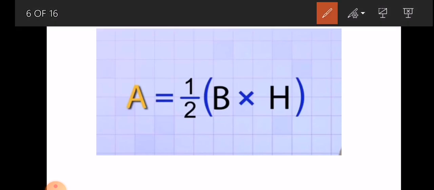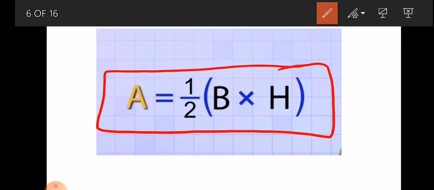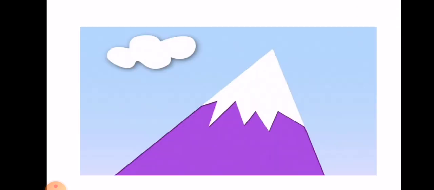Because we said that the triangle is half of my rectangle. The rectangle is length multiplied by width, or I can call them base multiplied by height. The triangle is half of it, so half multiplied by the base multiplied by the height. Here is the formula, we just substitute and get the area.